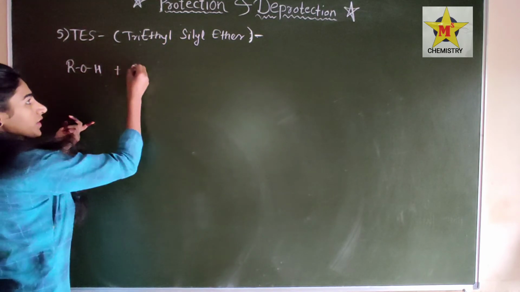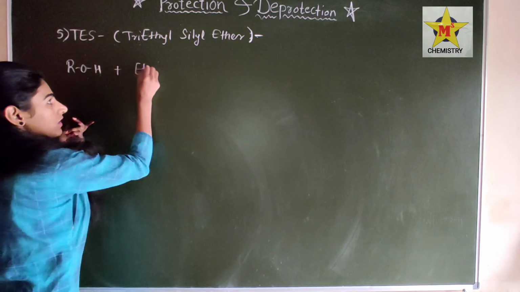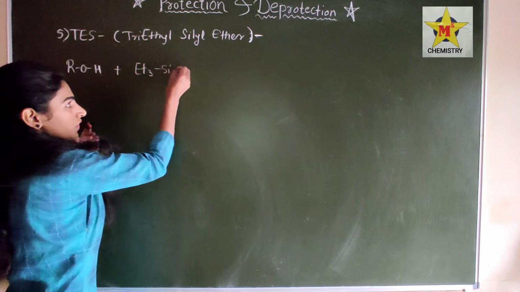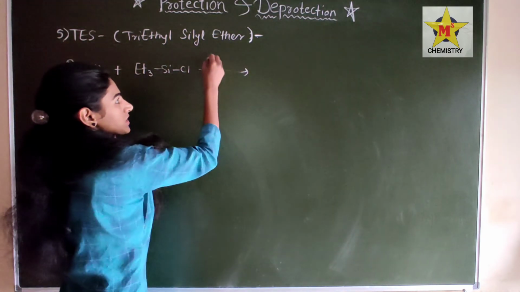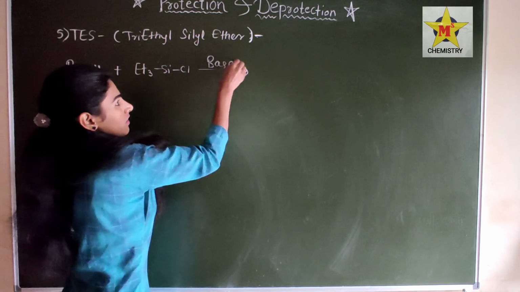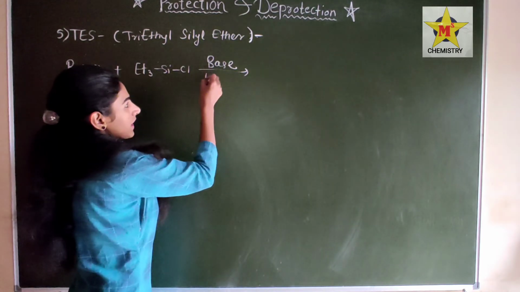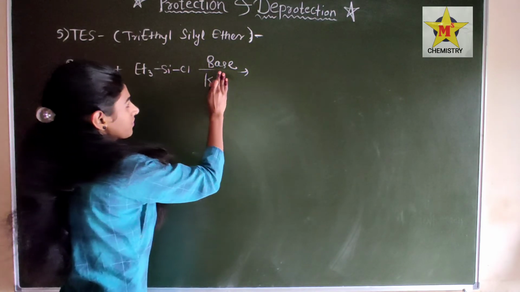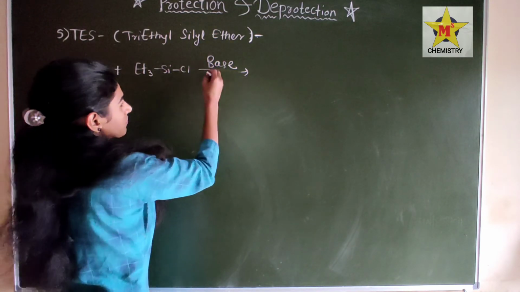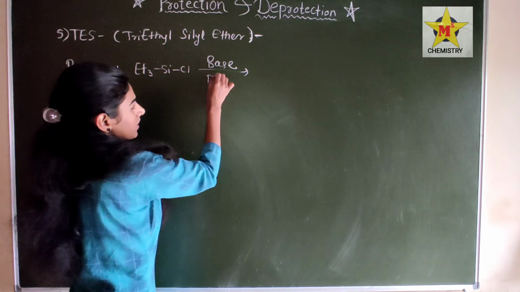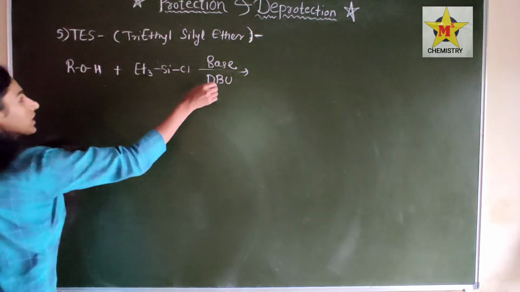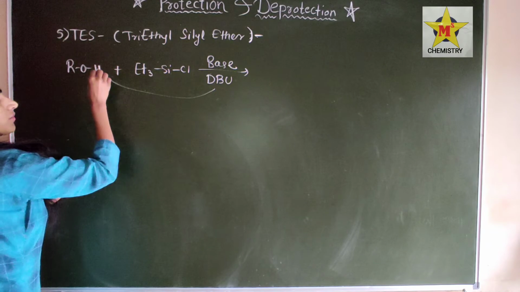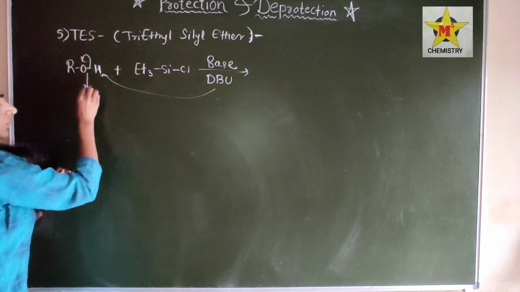Okay, in the presence of triethyl silyl chloride, in the presence of a base, we can use DBU. This will abstract this hydrogen atom and it will become RO minus.